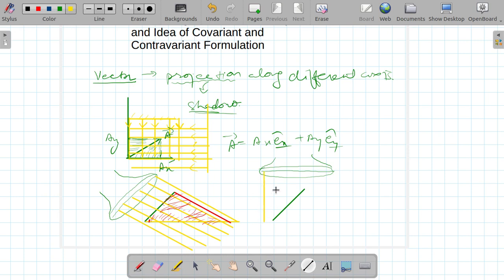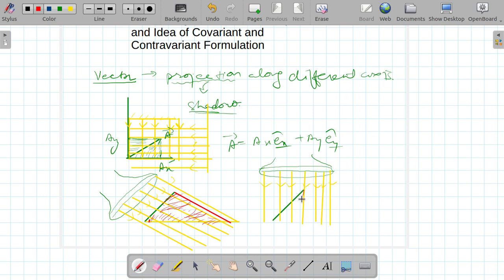Light is coming in this way, it's a parallel beam, and this was the shadow region.